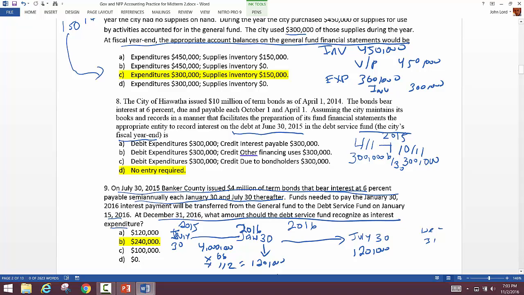Now December 31st comes, but that next payment's not until 2017, right? So since that next payment's not until 2017, I'm not going to count it as a 2016 expenditure, right? So I only count these two. That's 240. Right? Okay.